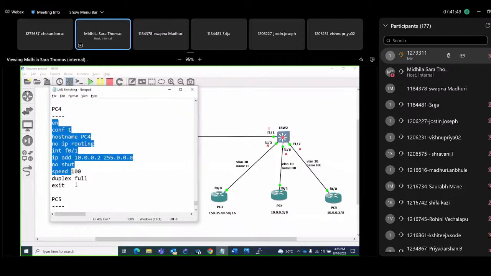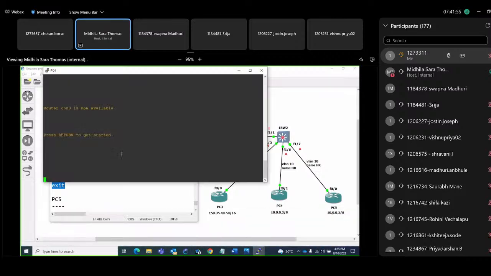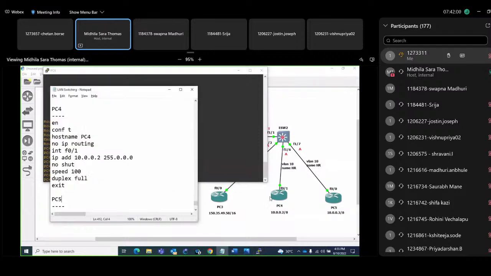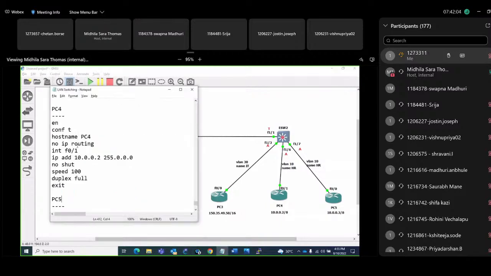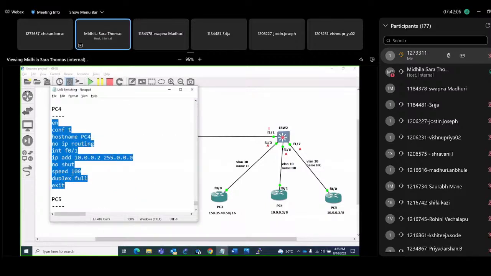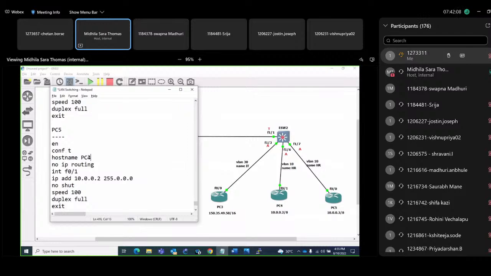It's done. Can I paste it? Yes. Okay. Done. Now PC5. Again, I'll paste it. I'm so lazy. And this is called smart work, guys. It is not laziness actually.